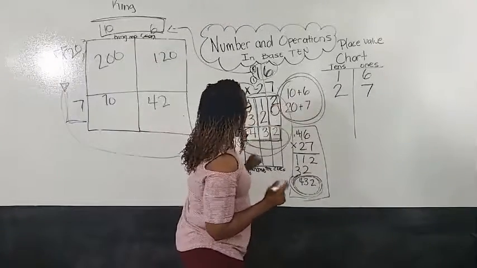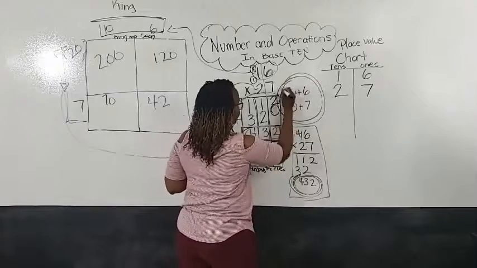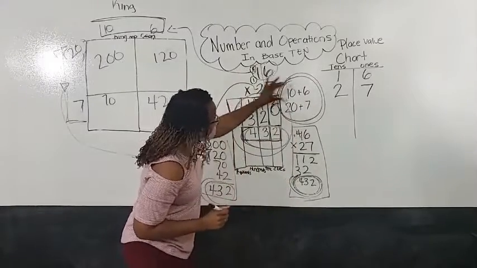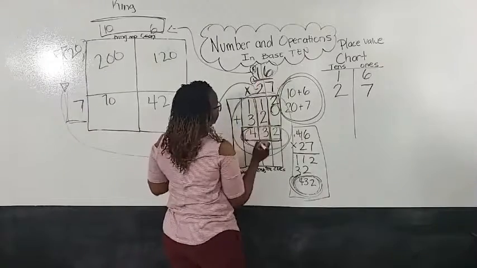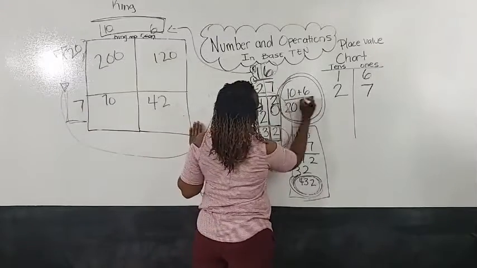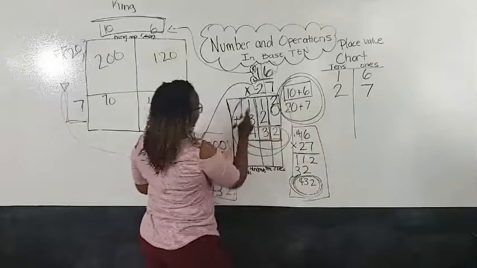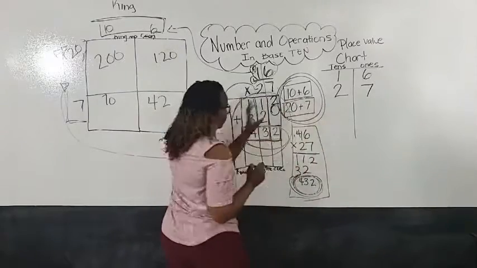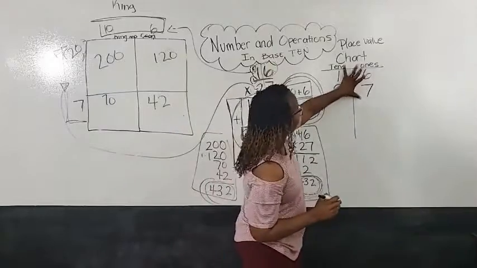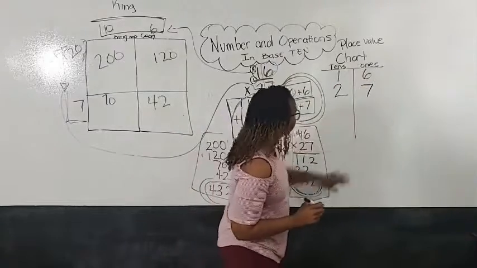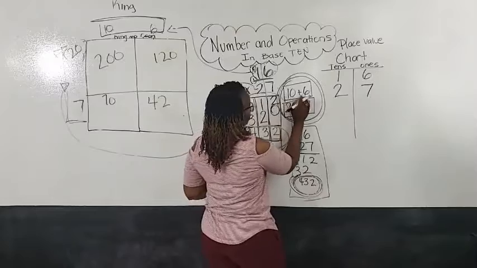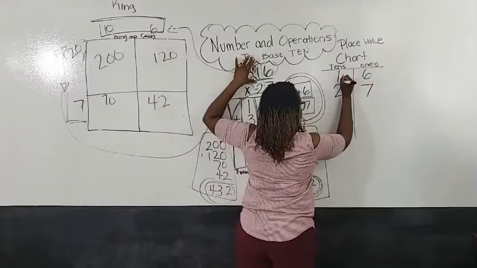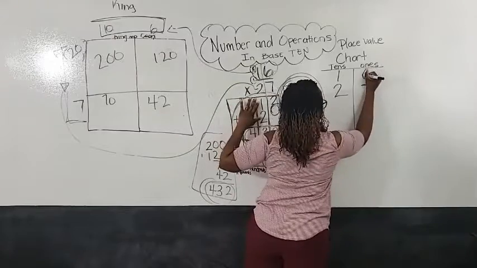But also remember, when you first start and you get these two-digit numbers, if it's kind of scary, just break it down, right? So we started with 16. 16 is made up of 10 plus 6. And then we have 27. And 27 is made up of 20 plus 7. Break it down even further, you could put it inside of your place value chart. So now 10 plus 6 is 16, but this is 1 ten and 6 ones.